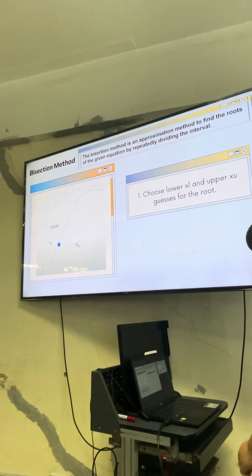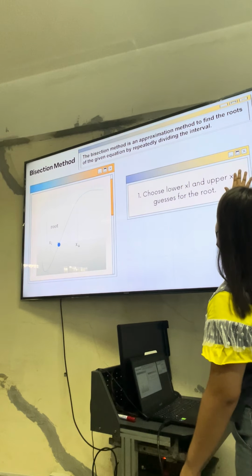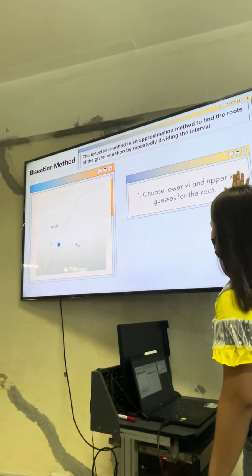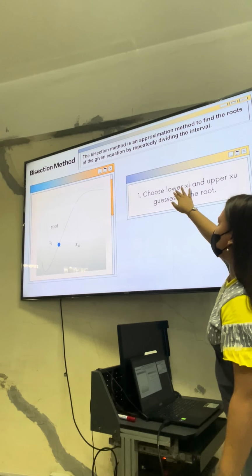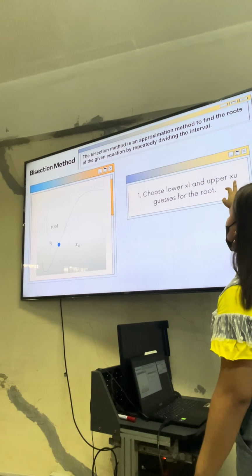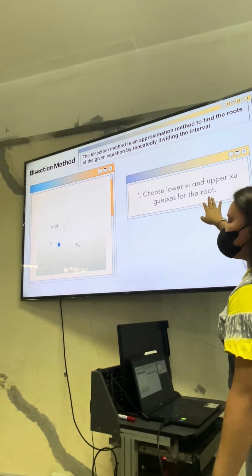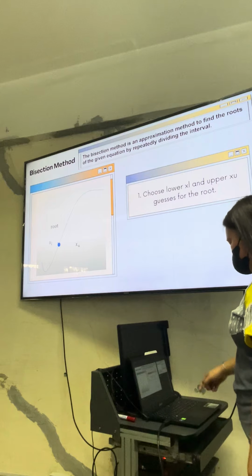Unsa man nga mga conditions? First, choose lower xl and upper xu guesses for the root. Ihatag na siya class.